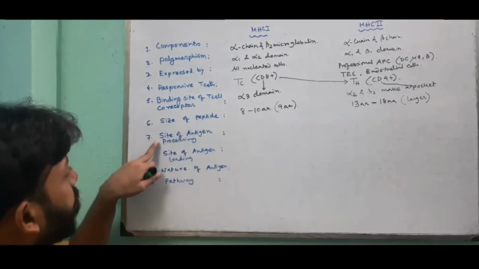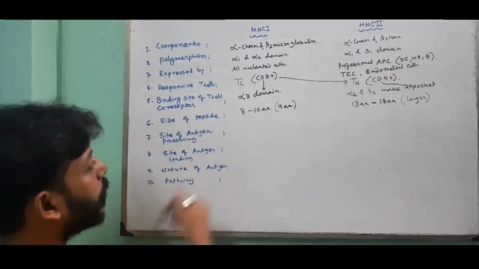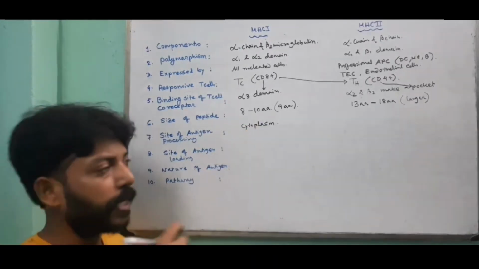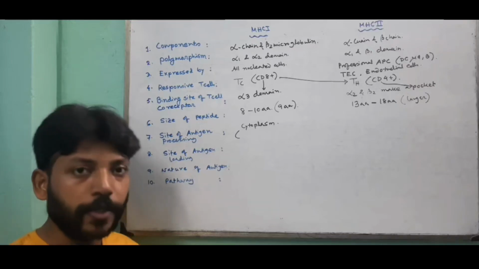The next is site of antigen processing, where the antigen are processed. In case of class 1 MHC molecule it is cytoplasm, and I want to mention here a molecule that is responsible for the processing of the antigen.